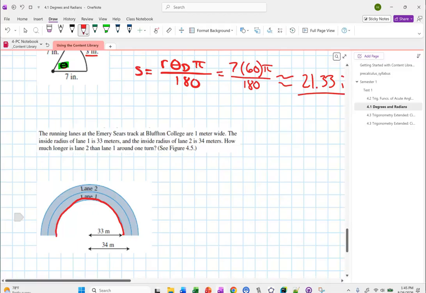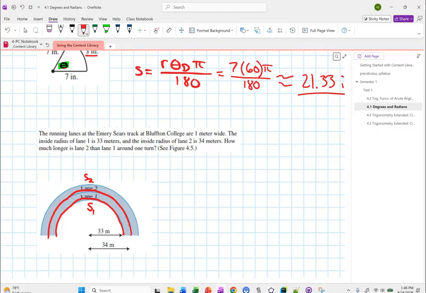Everybody agree? I'm going to call this distance S1. And the shortest distance I could travel running in lane 2 would be the inside of lane 2, so it would be that distance. I'm going to call that distance S2. Everybody feel okay so far?